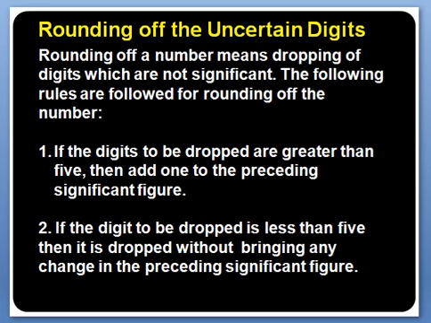Why? Because 4 is less than 5. In 2.64, 4 cannot be rounded up. Why? Because it is less than 5. That's what the second point says.